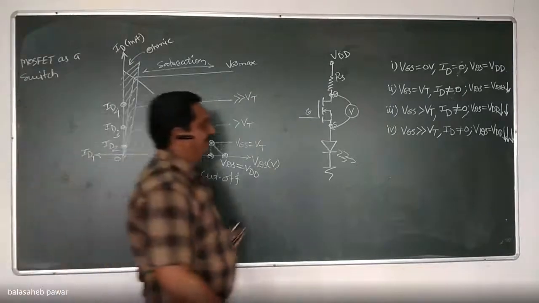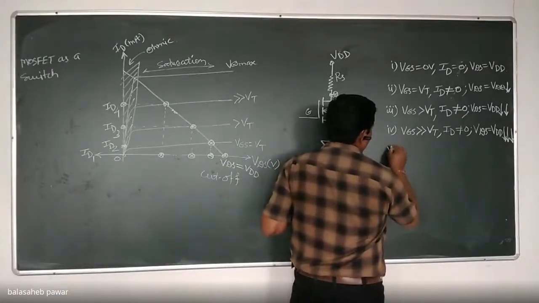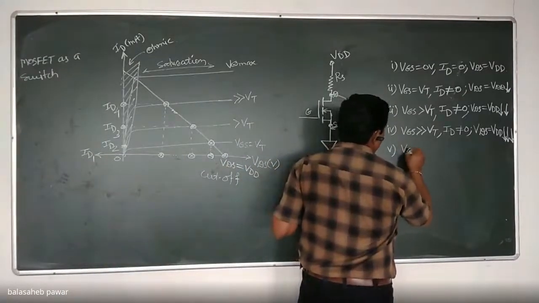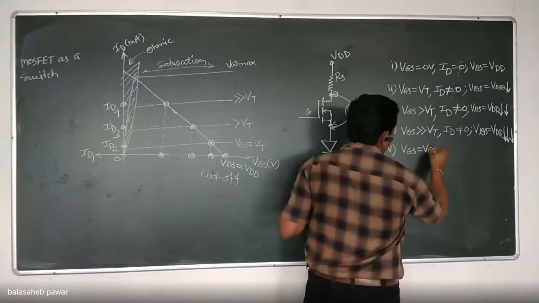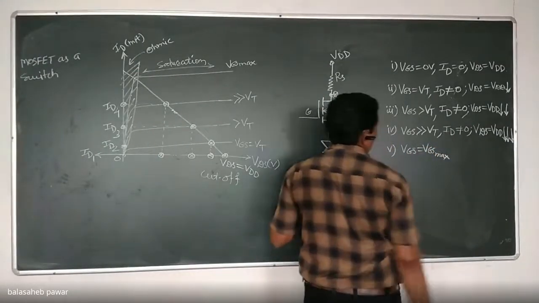Are you getting it? And the last condition, I will take VGS equals VGS max, or maximum gate to source voltage.